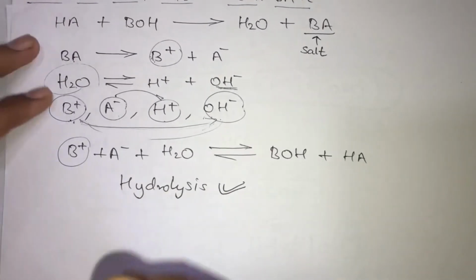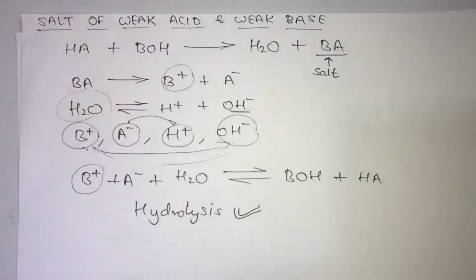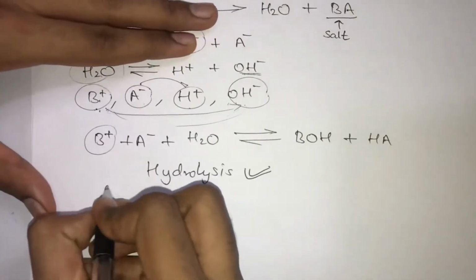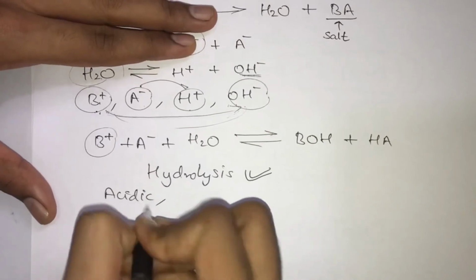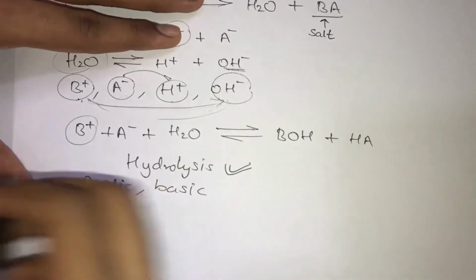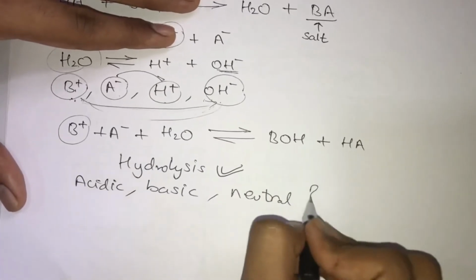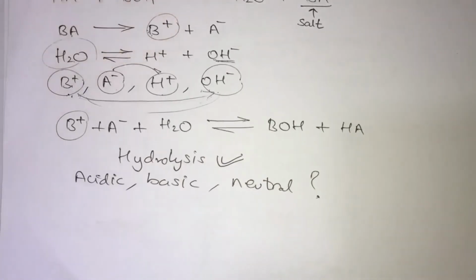Okay, so we have confirmed that the salt of a weak acid and weak base will undergo hydrolysis. But what will be its effect? Whether the aqueous solution will be acidic, basic, or neutral. That is the biggest question in front of us.